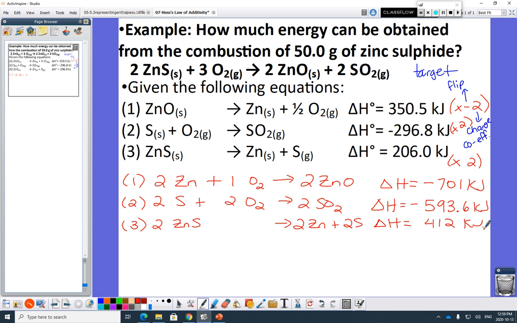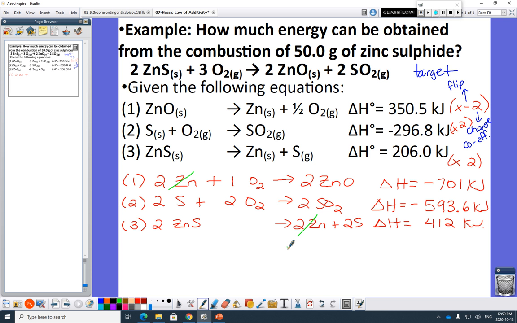Just lightly cross it out so you can still sort of see what's underneath. And remember, whatever we cross out should not be in the target, so we want to get rid of it, okay? For example, zinc. Do we want zinc in the target? No. So look for the substance that can cross it out. Zinc, here is a reactant, here it's a product, cross it out.